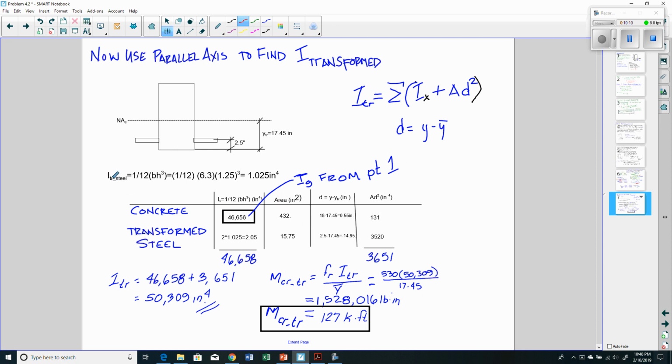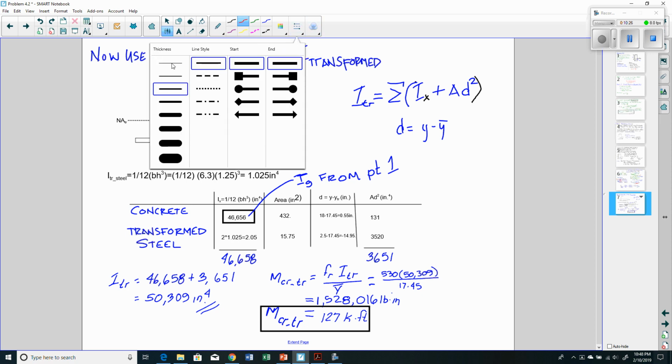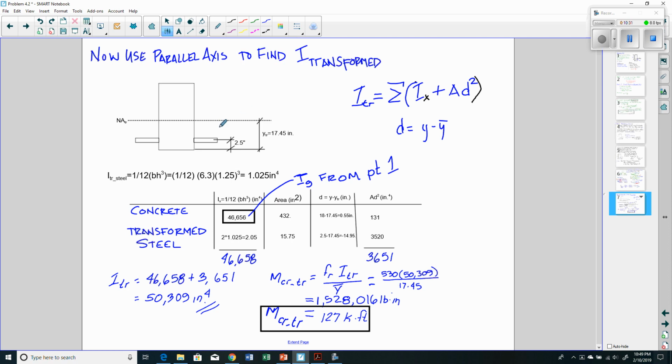So if we look at our transform steel, one of these, remember this is 6.3.